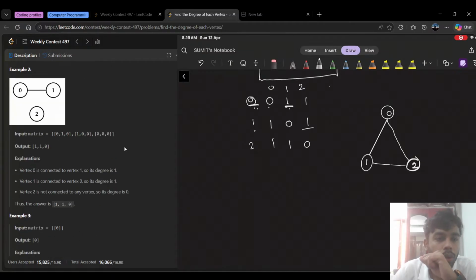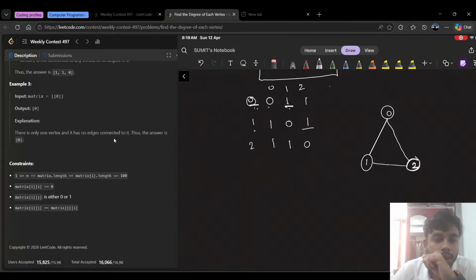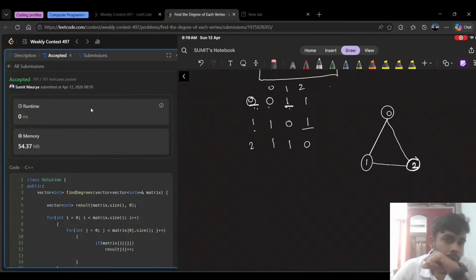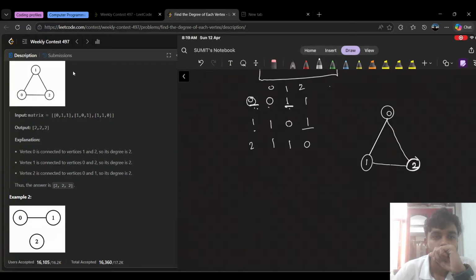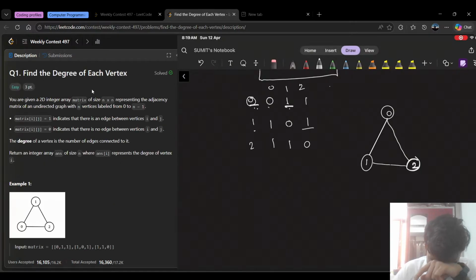Test case 2, 1, 0. Test case 3, it's 0. It's submitted. Okay, so what is done? That was just out degree. We just have to find the out degree.